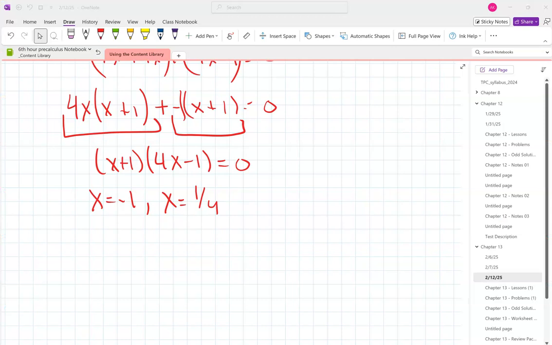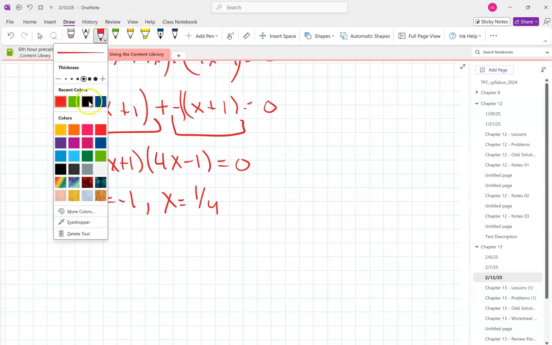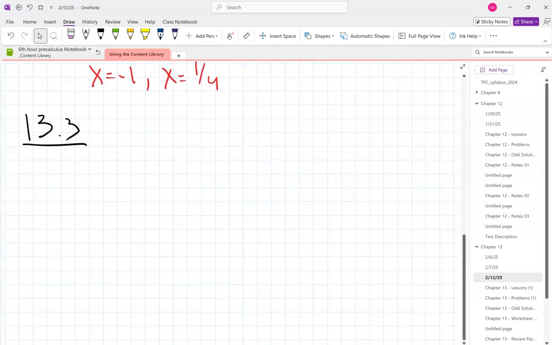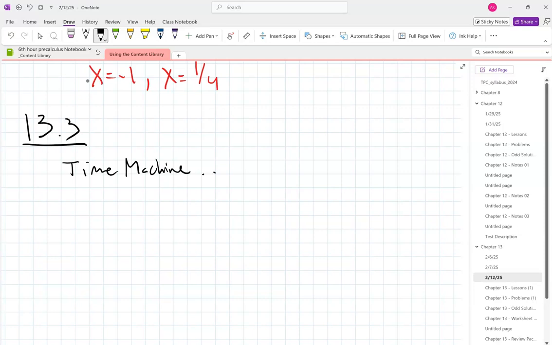We're going to be looking at 13.3 today. And to start 13.3, we're going to start by getting in our time machine. And we're going to be going back in time to, I don't know, 6th grade or so.